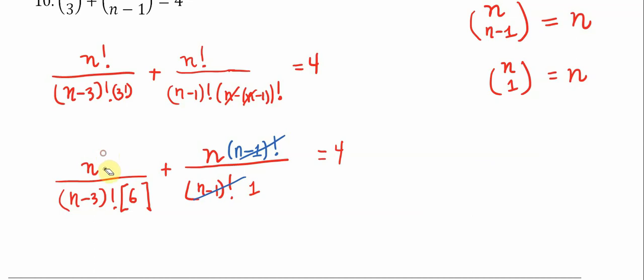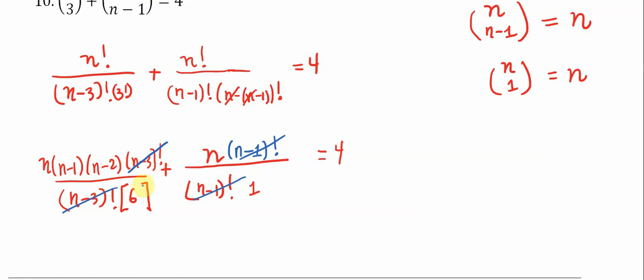So this is really n times n minus 1 times n minus 2 times n minus 3, all of that factorial. And that also tells us that we can eliminate this and that. Having a command of factorials is hugely helpful to us.